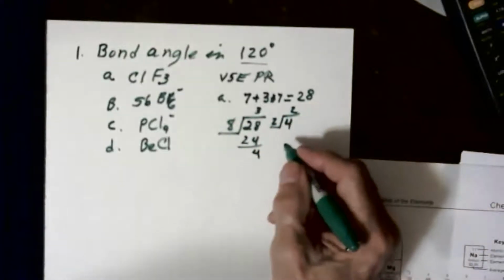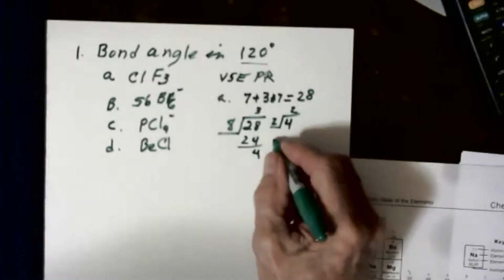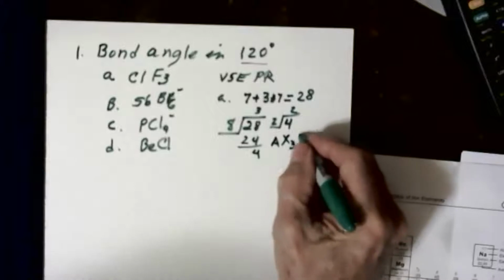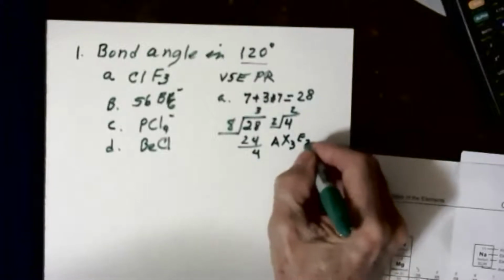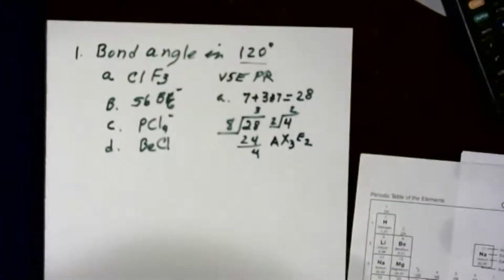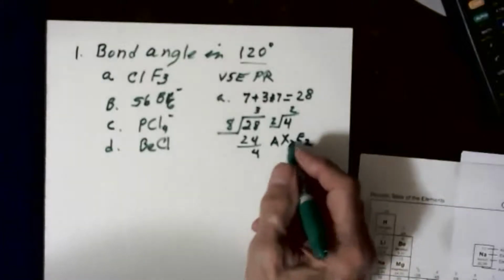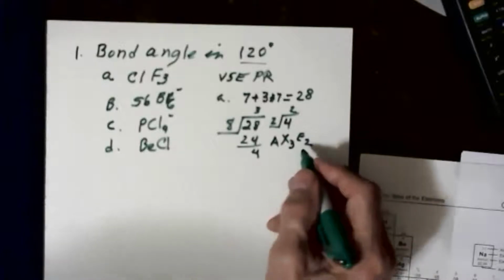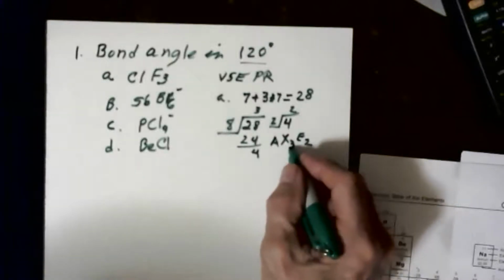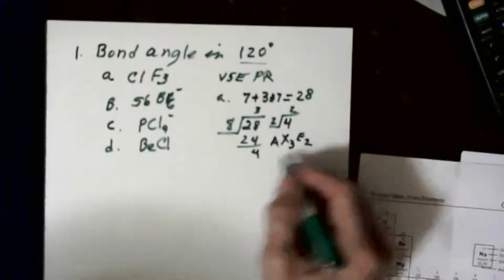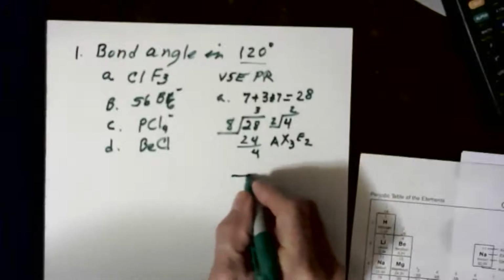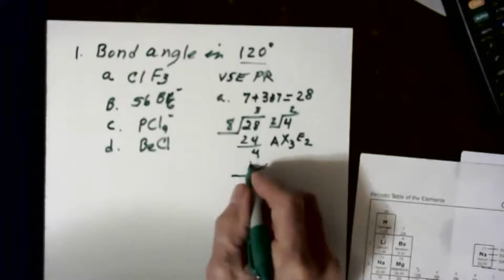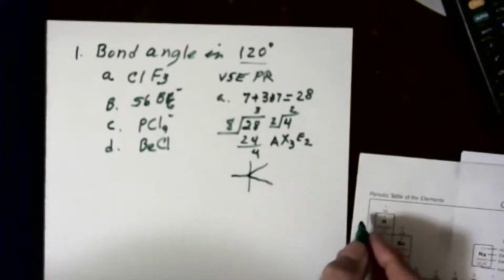So this molecule is an AX3E2 type molecule. We've got 3 atoms bonded and 2 lone pairs, that's 5. The shape of an object that has 5 pairs on it is trigonal bipyramid.